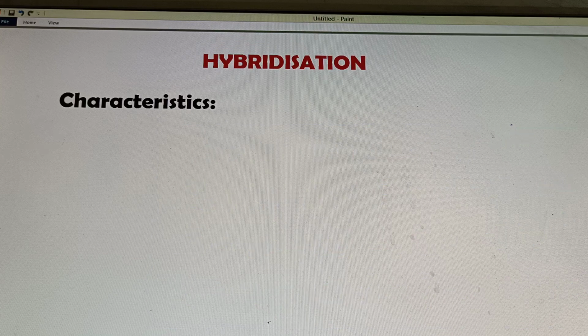So the number of orbitals intermixed gives the total number of hybrid orbitals.